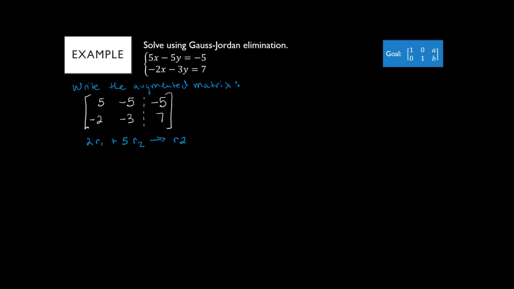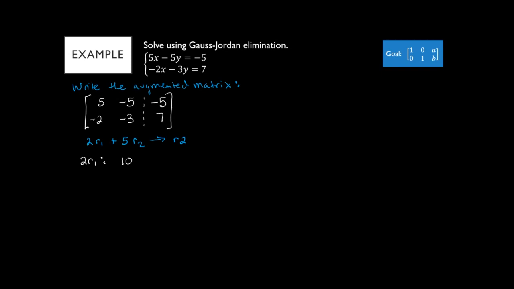Now, it's very easy to make mistakes while you're doing this, so I will write the math separately, because I find if I try to do it in my head, I'm going to make a mistake. So 2 times row 1. I just multiply that first row by 2.